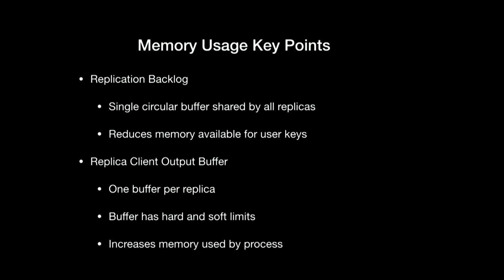If you have multiple replicas, then each one of them gets a buffer, and by default it's 256 meg. So if you have 10 replicas, it can easily add up. All right. So again, key thing to remember when you're running Redis in production. And this client output buffer has a hard and soft limit, like I explained, and it increases the memory used by the process.